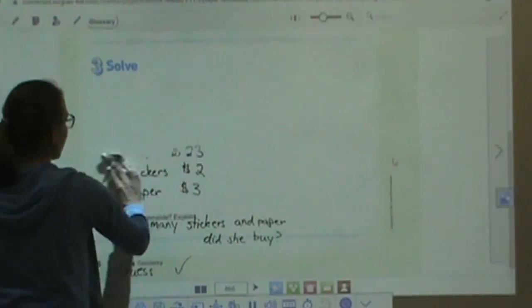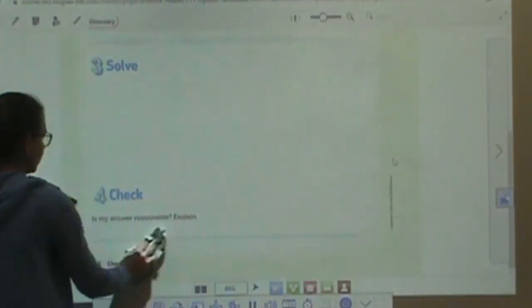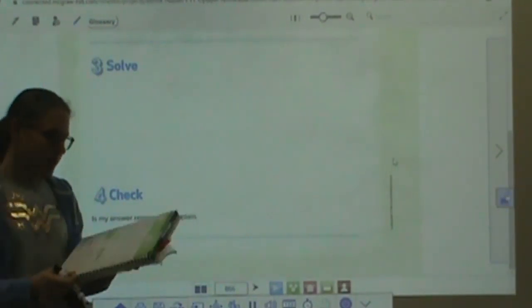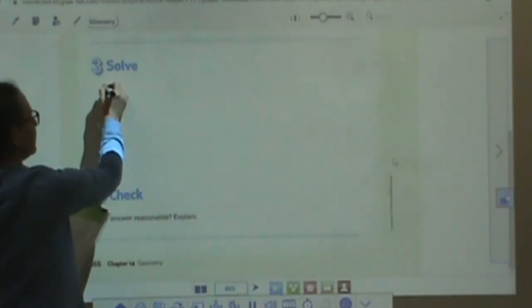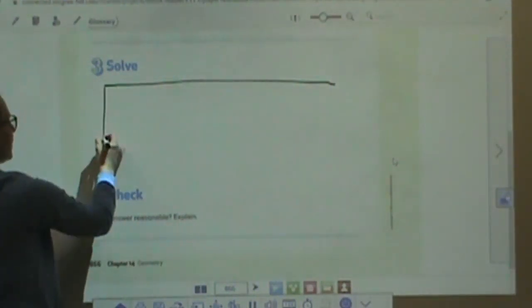Okay, so to solve this problem, just like the first one, we're going to go ahead and make a table. So I would like you to draw your table. You're going to want it to take up this whole spot in your book.